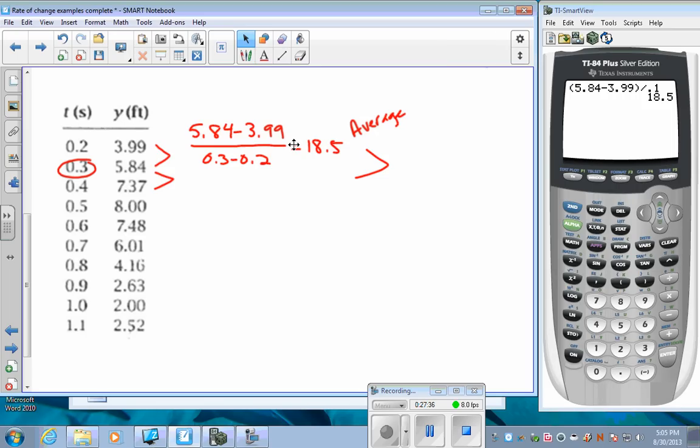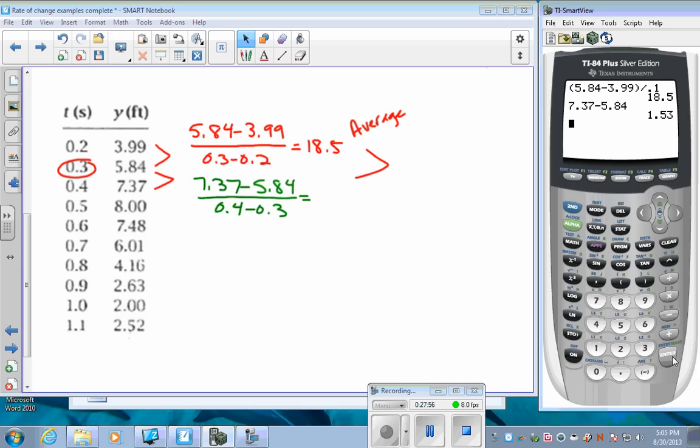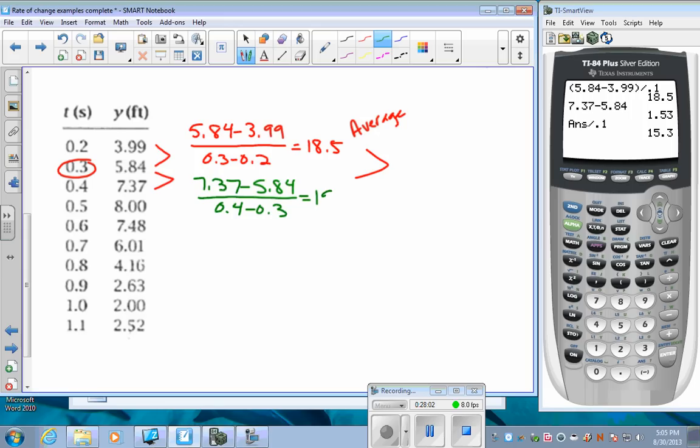I'm going to go ahead and do the next one, and that's going to be 7.37 minus 5.84. Difference in the y's divided by difference in the x's. And again, I'm just going to use my calculator to work that out. And in this case, I get 15.3.